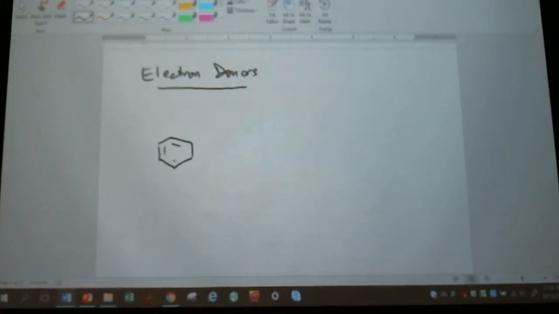If your first substituent is electron donating, so electron donors, there are two types of electron donors. You could have something like an ethoxy substituent, where this can donate electrons through the pi system.